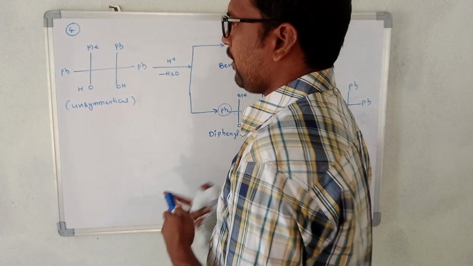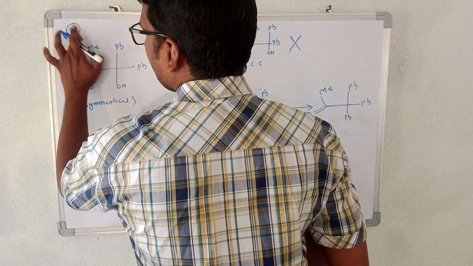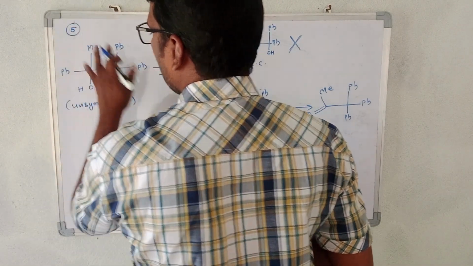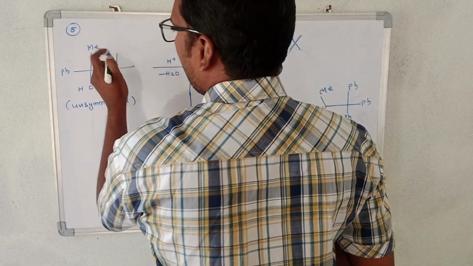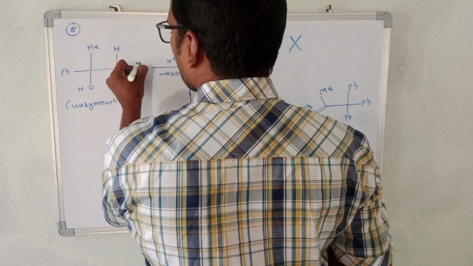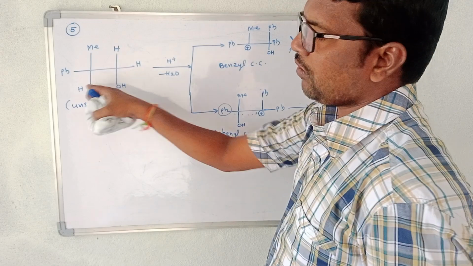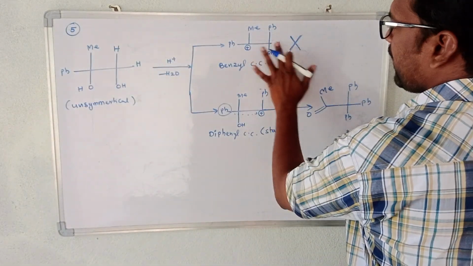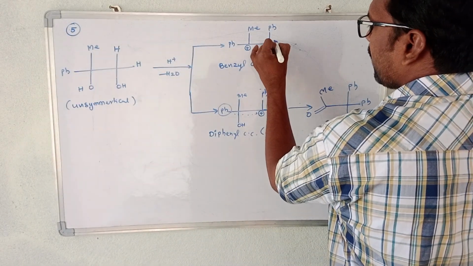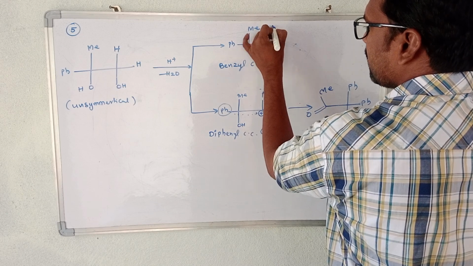Now we take another example, the fifth example. Now we take hydrogens. PhMe hydrogens, it is also unsymmetrical. In both cases hydrogen is present.